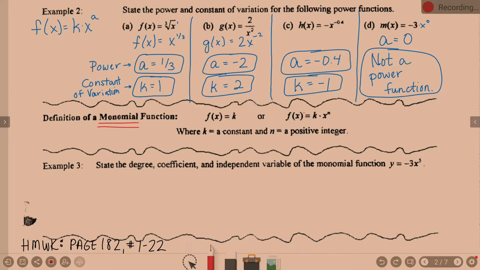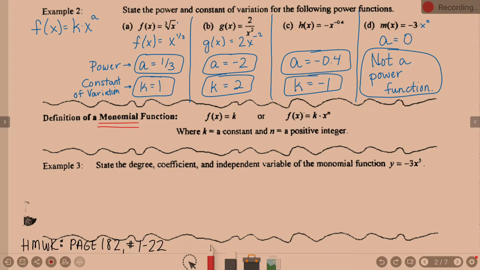Do you remember what a monomial is according to algebra? A monomial is just one term. Remember, a monomial is one term, a binomial is 2, trinomial is 3, and then after that it's just a polynomial with 4 or 5, however many terms. We don't have specific names. So a monomial is specifically just one term.